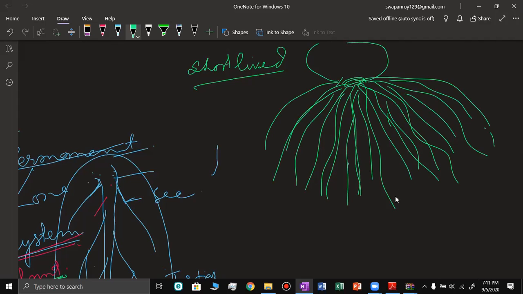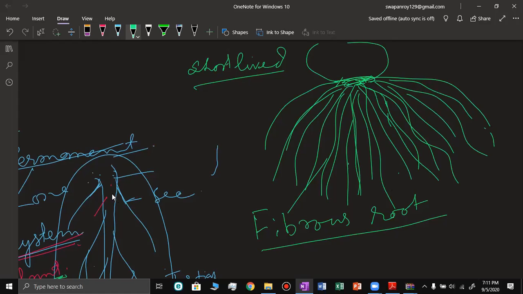This thread-like root is known as fibrous root. In the fibrous root, you cannot make out which one is the main and which are branches.